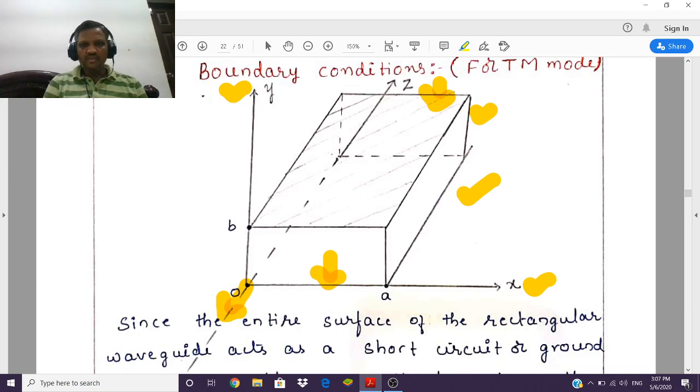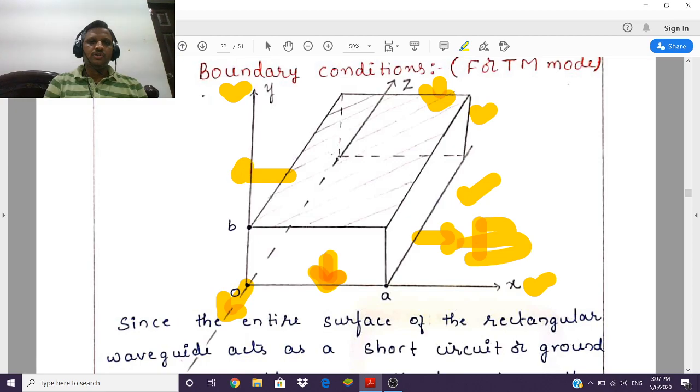Now if you observe this rectangular waveguide, it basically has six faces. One is this entrance where the wave is coming in, and this is the one where it is coming out. So these two are open and the remaining four are closed. I will consider this the bottom wall, and this particular one the top wall.